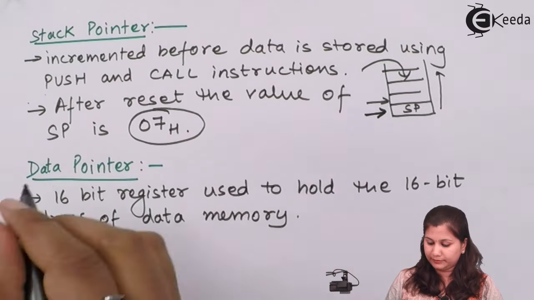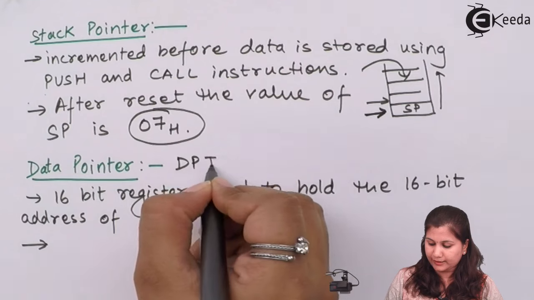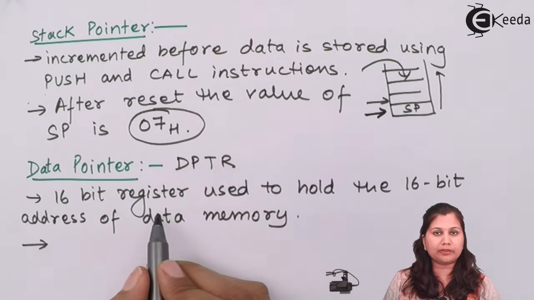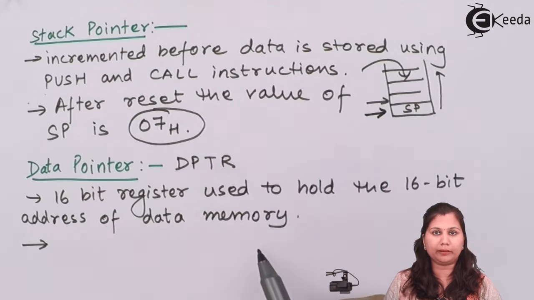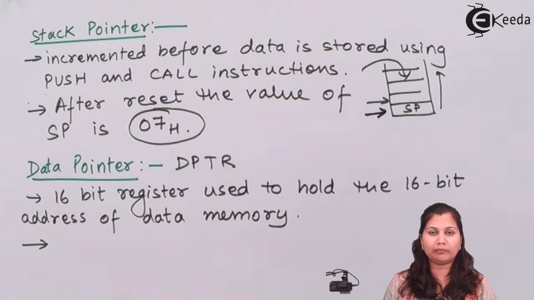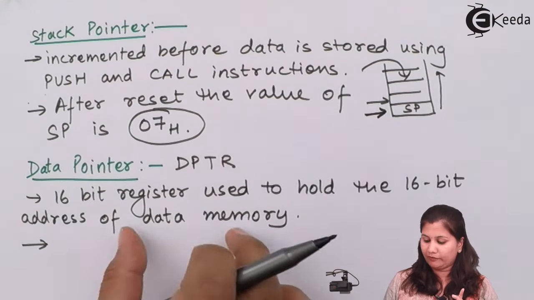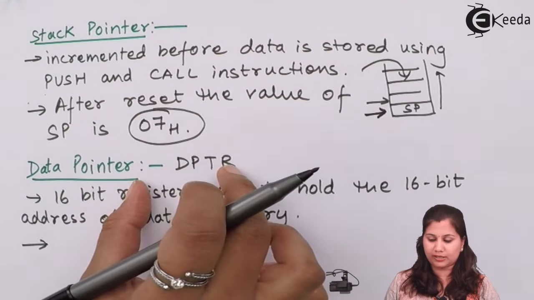So this DPTR, that is the data pointer, is a 16-bit register which is used to hold the 16-bit address of the data memory. We have two memories in microcontrollers, data memory and program memory. So to hold the 16-bit address of data memory, we have this data pointer register.